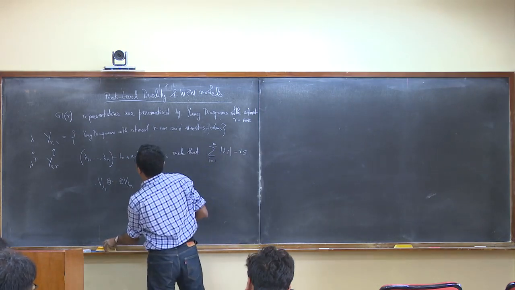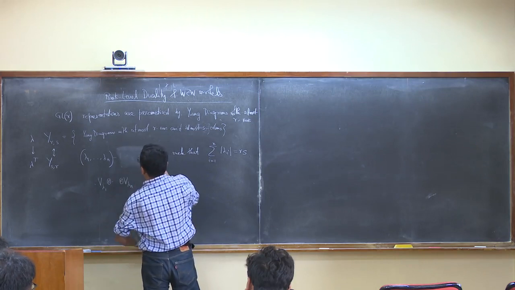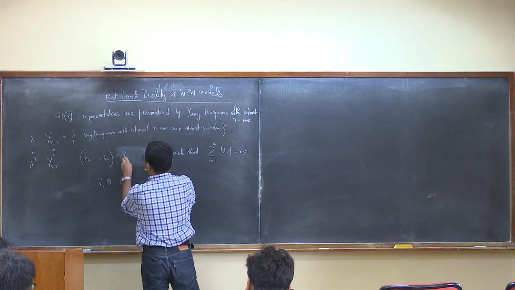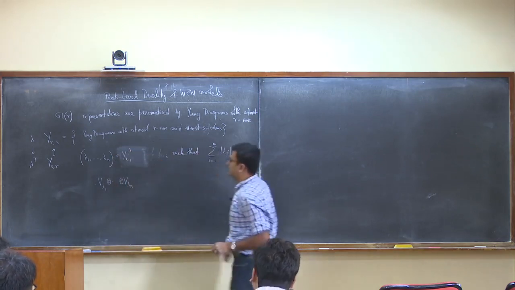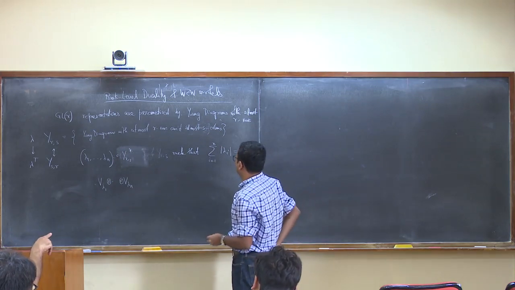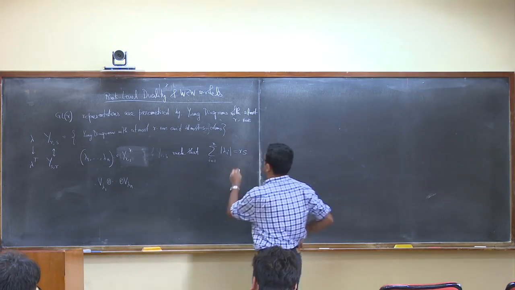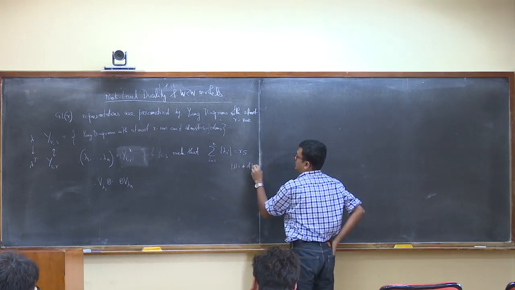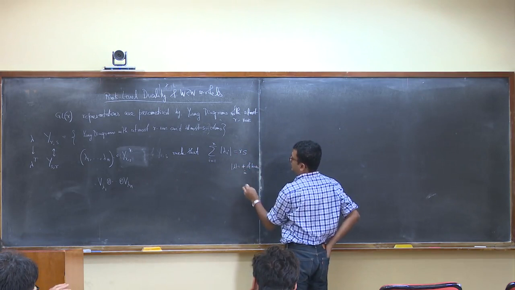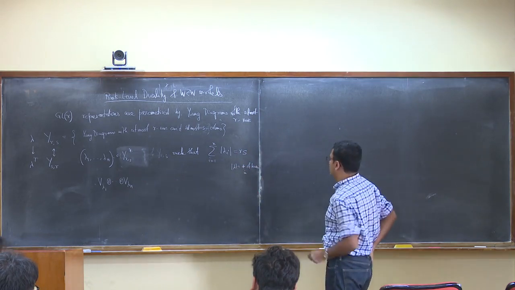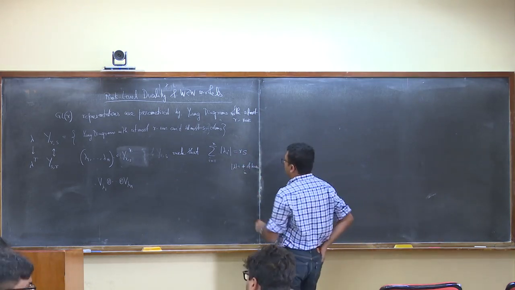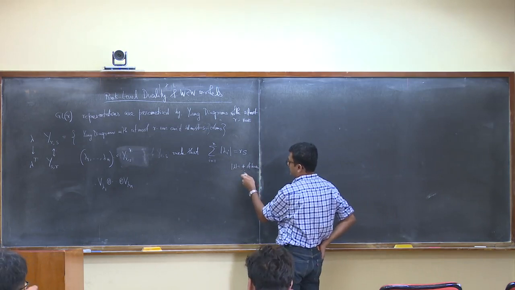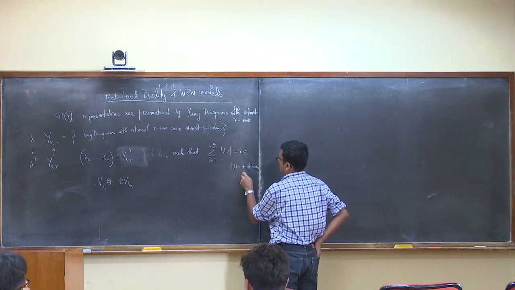Maybe I should just write it this way. And what is the modulus of lambda? Oh, it's the number of boxes. So it's a bunch of Young diagrams such that the total number of boxes of the Young diagrams put together is RS.